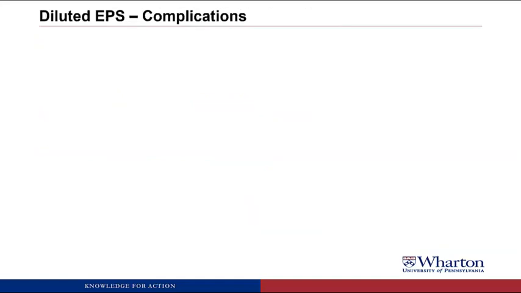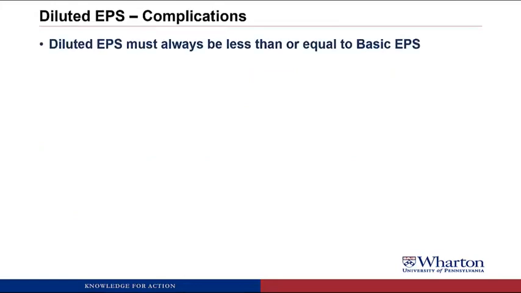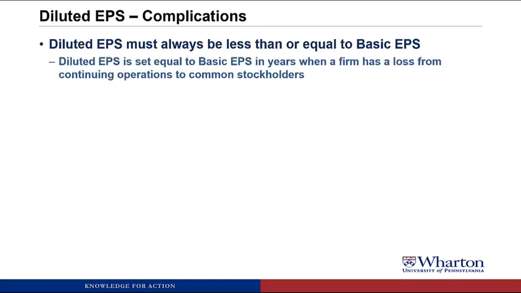So there are a couple complications that you have to keep in mind when calculating diluted EPS. The big one is that diluted EPS must always be less than or equal to basic EPS. It can never be greater than basic EPS when you finish all the calculations. And to prevent that, there's a number of things that we make sure we do.